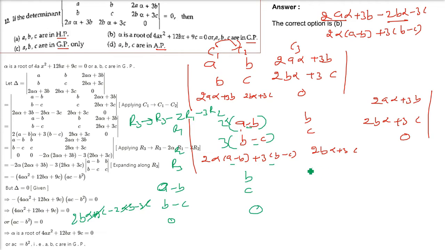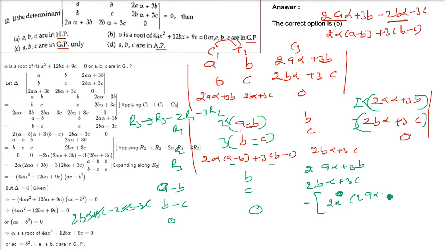Now this is 2A alpha plus 3B, and you get 2B alpha plus 3C. And 0 minus, because you have to subtract it, you get the first two elements of the third column in negative. So minus 2 alpha times 2A alpha plus 3B, plus 2B alpha plus 3C.